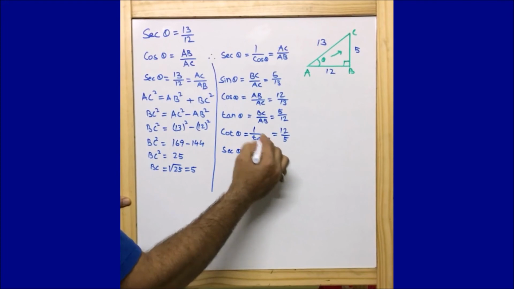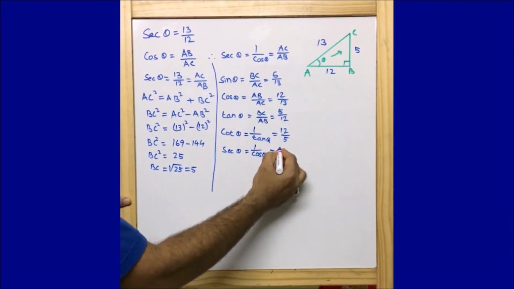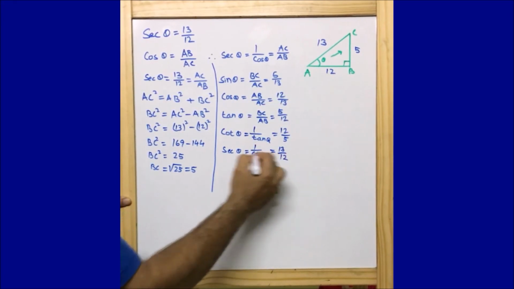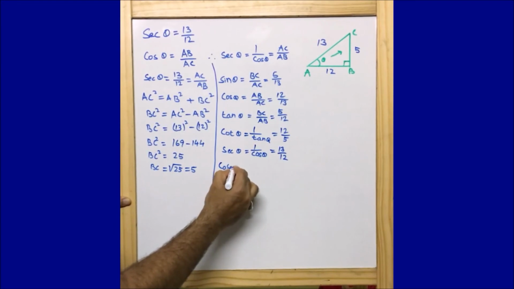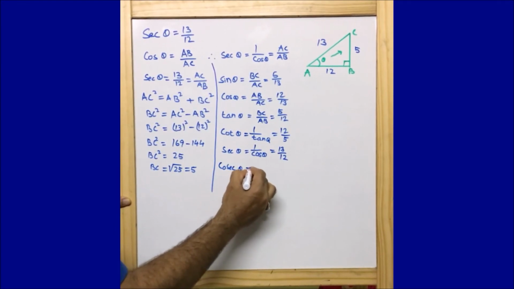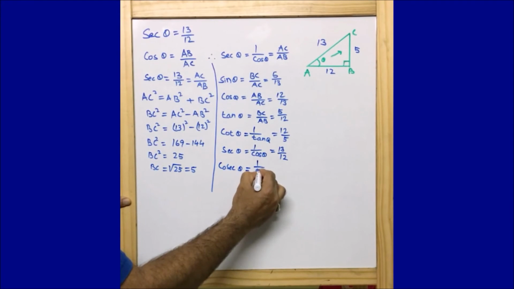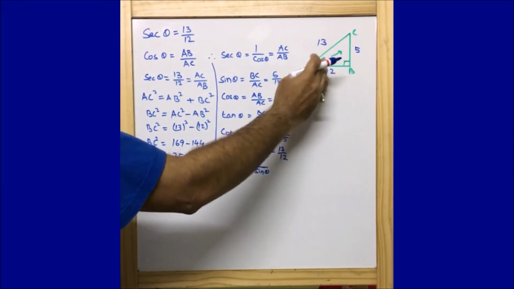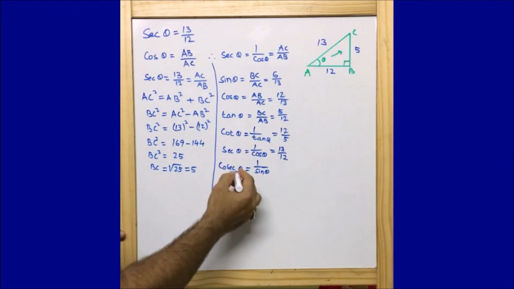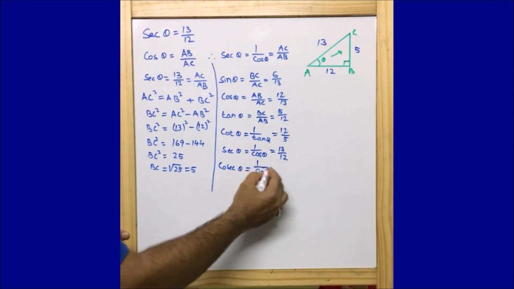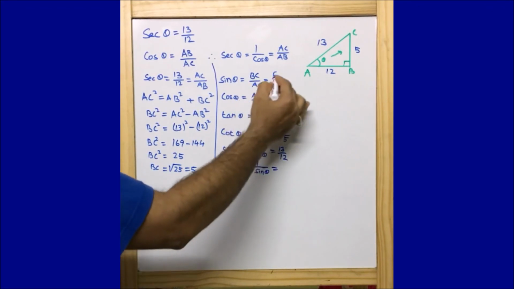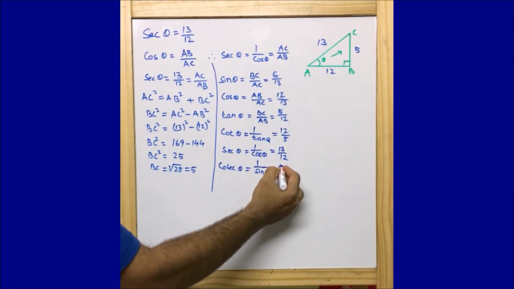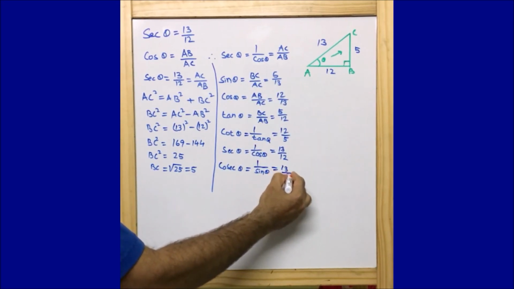Cos theta is 12 by 13, so it will become 13 by 12. Cosec theta. Similarly, I only know that cosec theta is equal to 1 by sin theta. So I can write cosec theta is equal to 1 by sin theta. Sin theta is 5 by 13, so it will become 13 by 5.